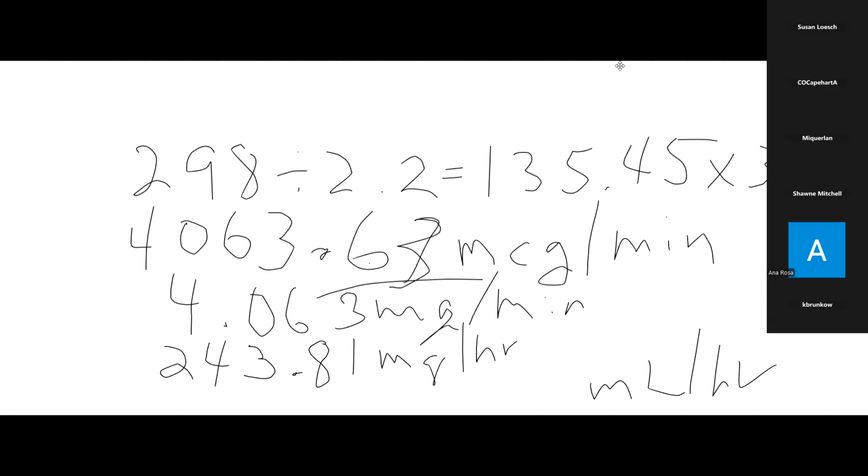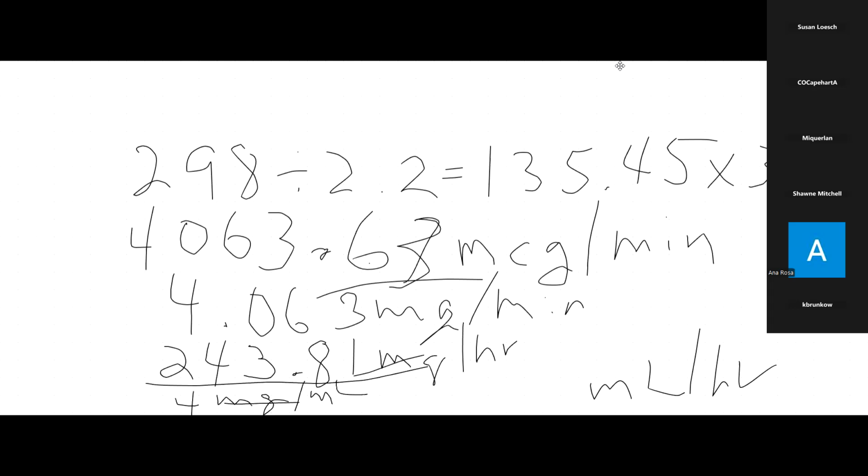Okay, now you have 243.81 milligrams per hour, and you're going to take that over what you have on hand, which is 4 milligrams per ml, right? So remember, milligrams is going to cross out here, and you'll be left with mLs per hour.